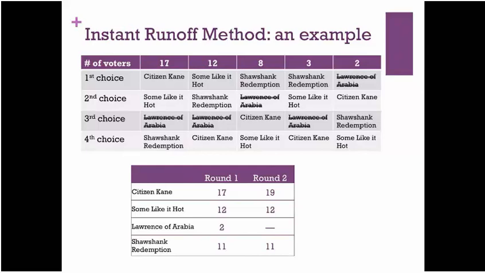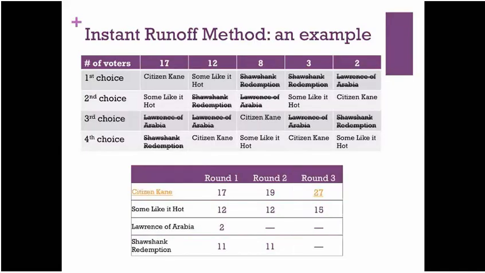So what that means is, in comparison with the first round, 2 more are now voting for Citizen Kane. Nothing else changes except for the fact that Lawrence of Arabia is not even there at all, is not a candidate. Well, did anybody get a majority? Answer is no, nobody got a majority, so we have to go on to round 3, and the candidate to be crossed out is Shawshank Redemption.